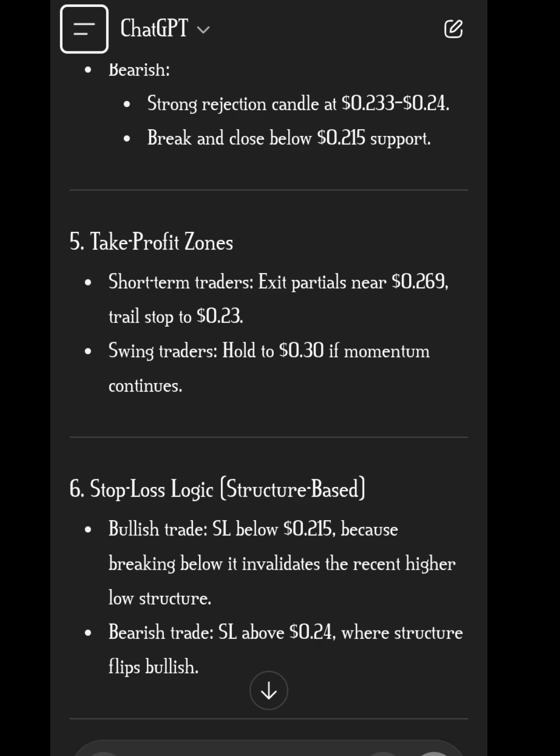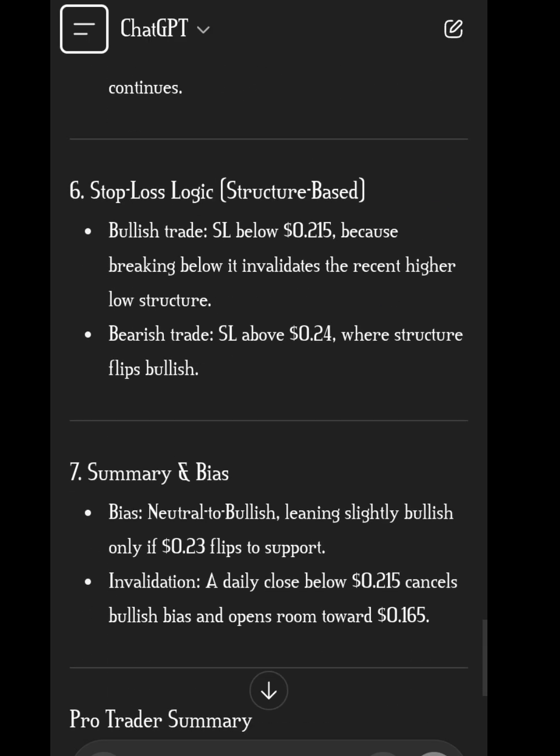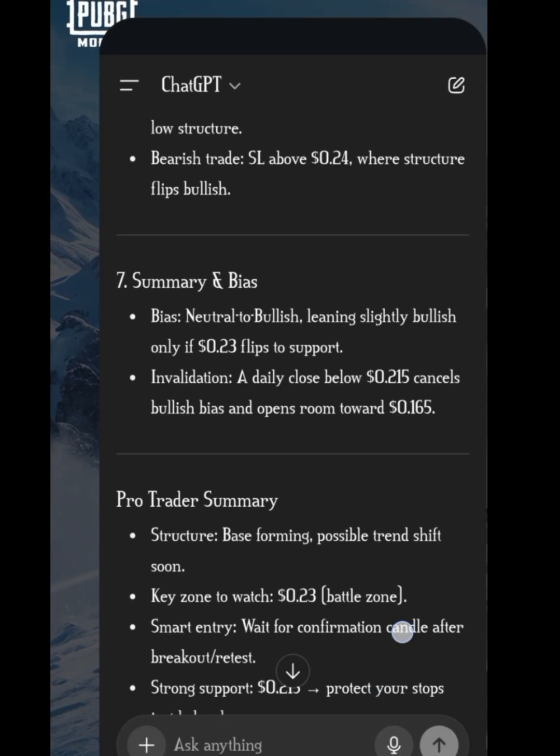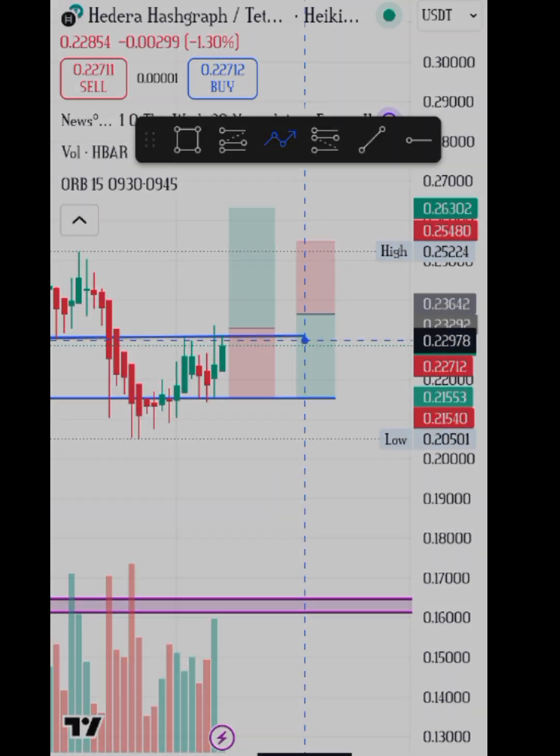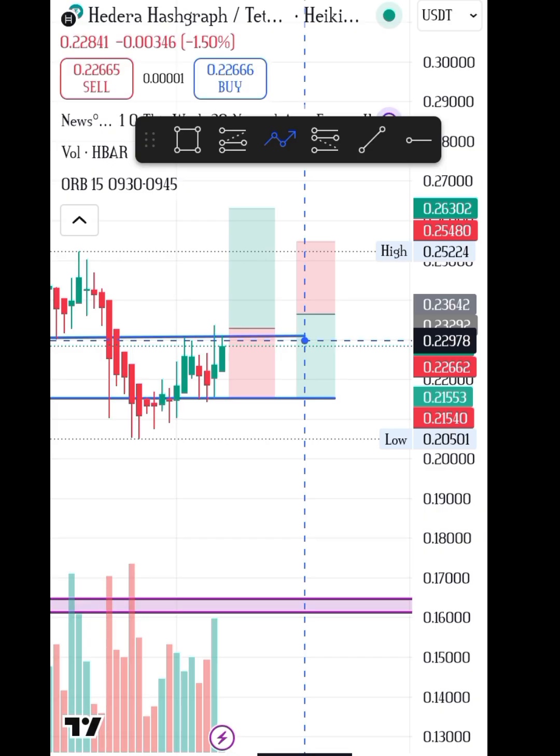So take profit zones: short term trade, exit partials near 0.256, trail stop to 0.23, swing traders hold to 0.30 if momentum continues. So basically this means you just have to monitor this trade, right? Before you enter, you have to monitor it. So you can't put the setup and leave it.